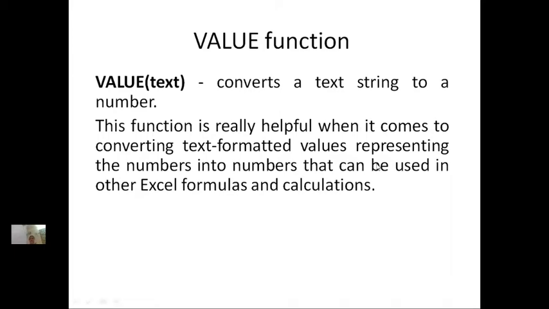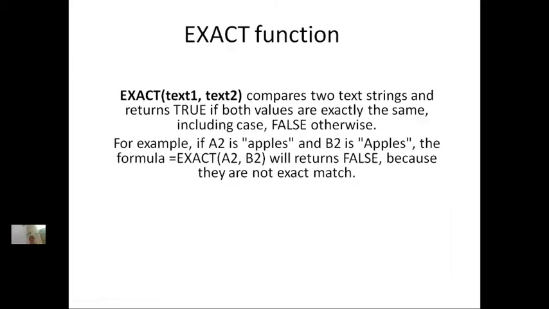Now, let us go to the next slide, EXACT function. So what is this EXACT function? It compares two text strings and returns TRUE if both values are exactly the same, including case, or FALSE if they are not the same.